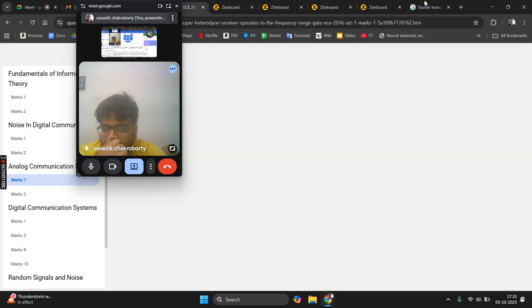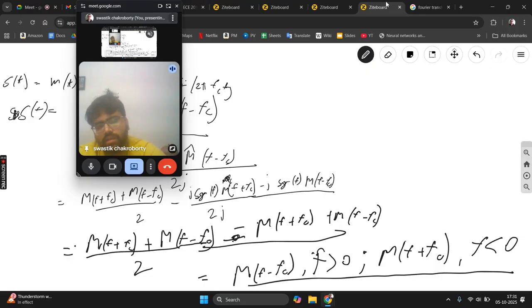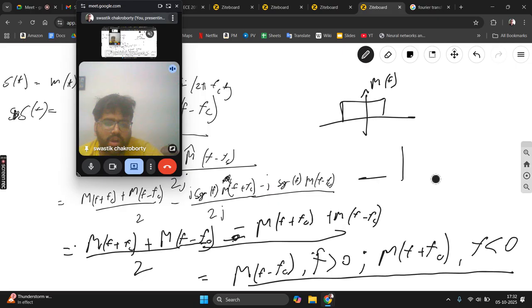Now m(t) is a band pass signal, so if M(f) is like this, whether it's M(f minus fc) or M(f plus fc) doesn't matter much.